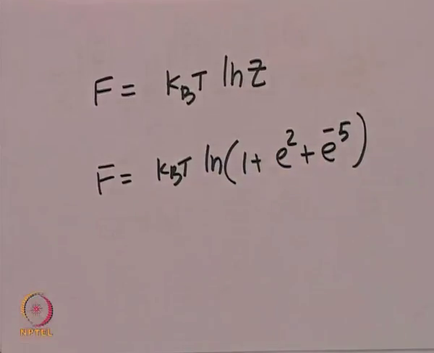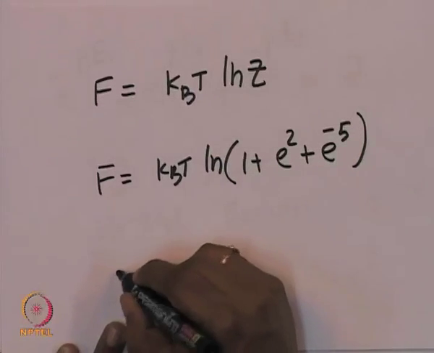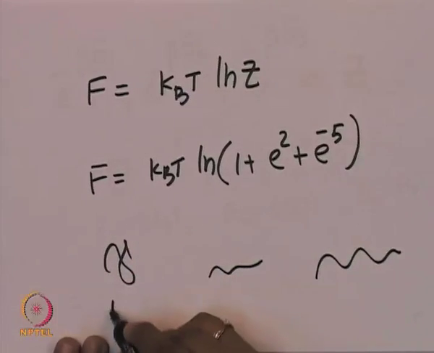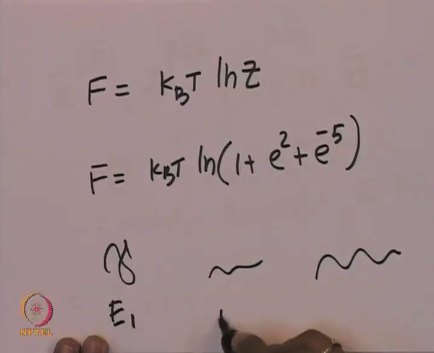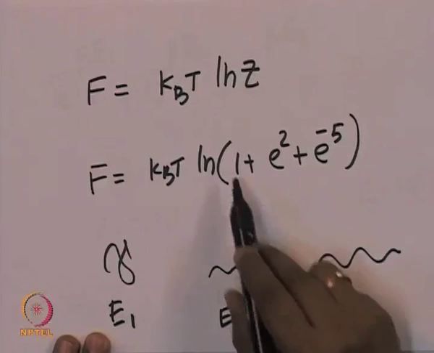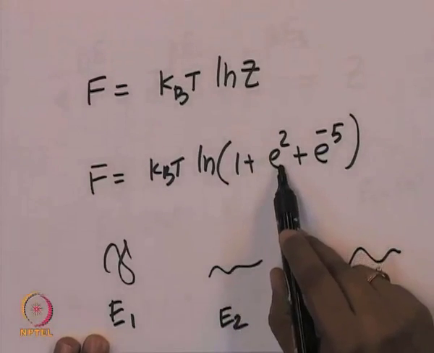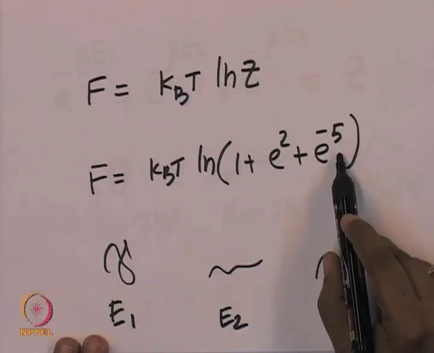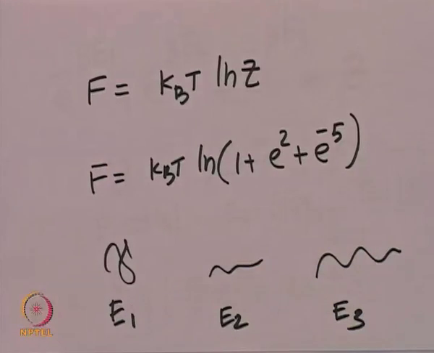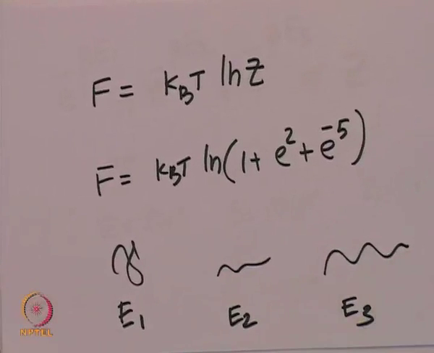So this will be the free energy of that system of protein having 3 states like this. We said that this is energy E1, this is energy E2, and this is energy E3, and the sum of e power minus beta E1 plus e power minus beta E2 plus e power minus beta E3 gave us this, and then you take a log and multiply with this. So, you get this. Okay.